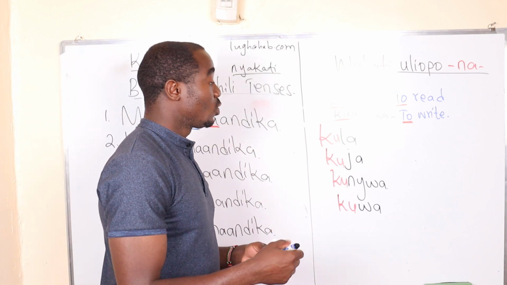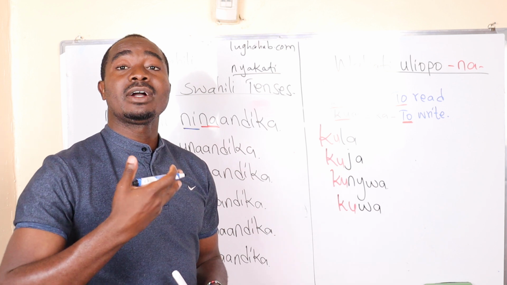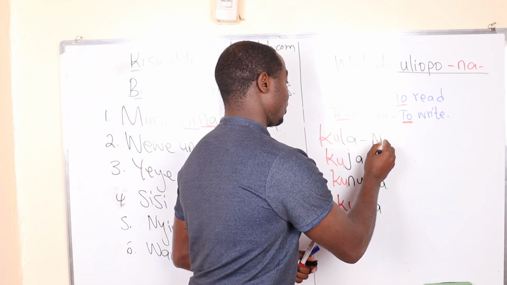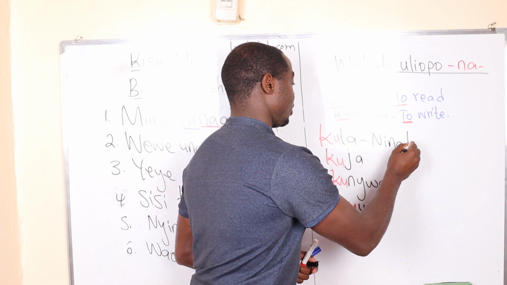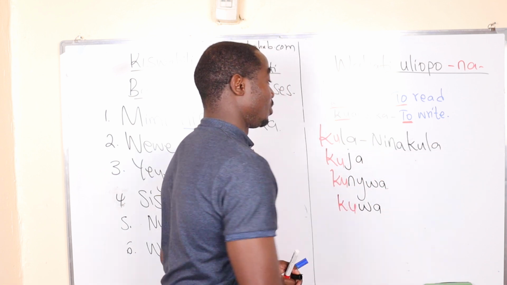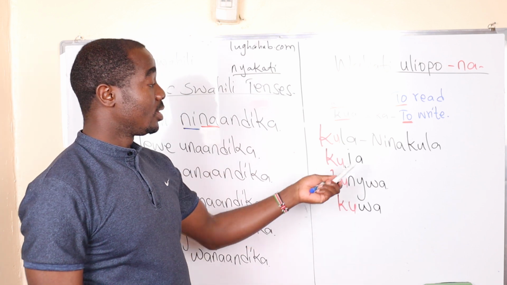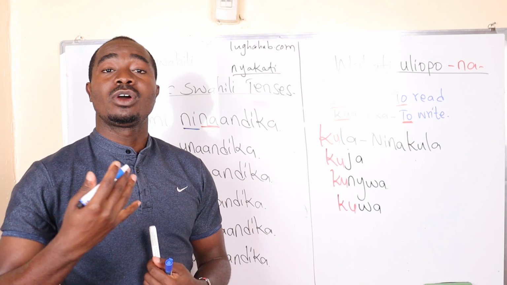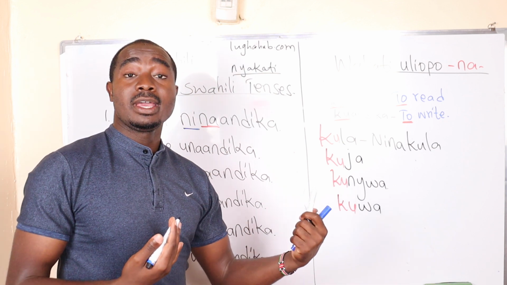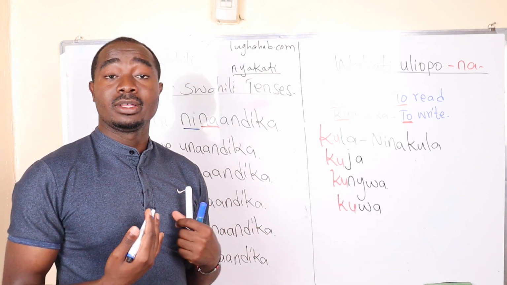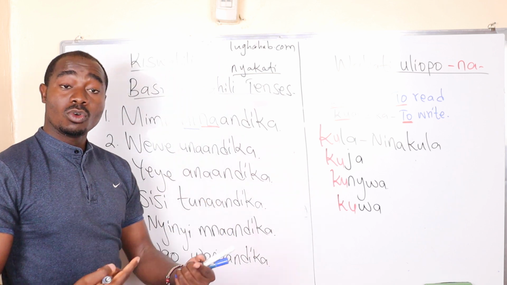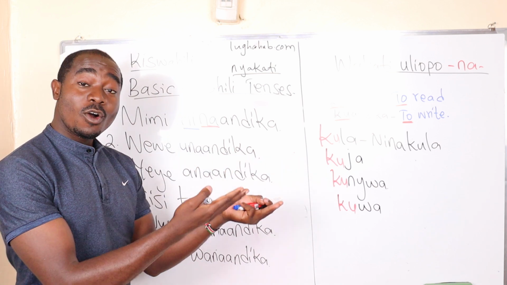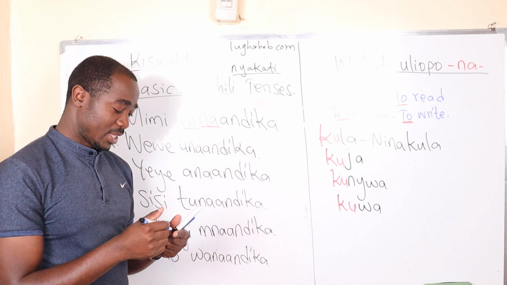Examples. Kula, I will write ninakula. Mimi ninakula, wewe unakula, yeye anakula, sisi tunakula, nyinyi mnakula, wao wanakula.